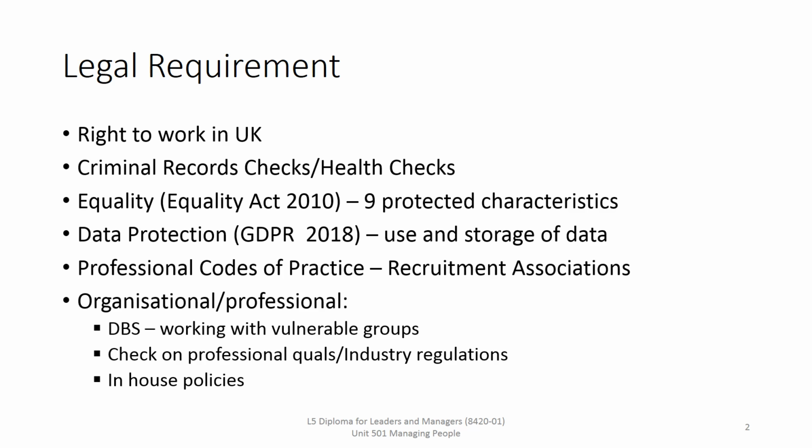And then we move on to things such as professional codes of conduct linked to recruitment associations that the recruitment agencies or your company might be a part of, and then organisational and professional areas such as DBS checks for certain organisations or professions where they're working with vulnerable groups, checks on professional qualifications and industry regulations, and in-house policies linked to recruitment.